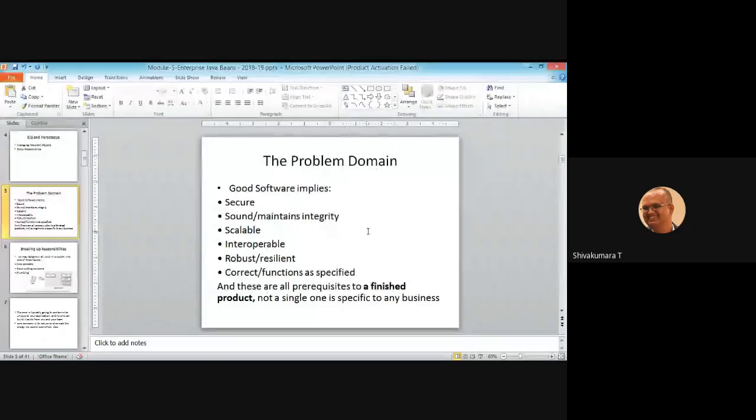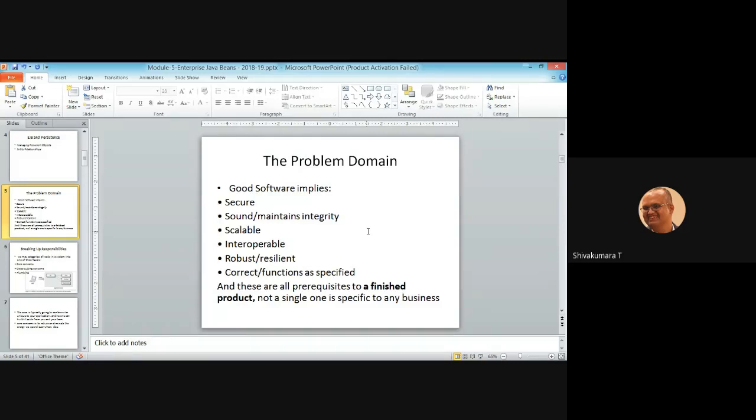A good software is the one that provides security, maintains integrity, provides scalability, provides interoperability, is resilient or robust, and provides the correct functions as specified with respect to the business logic.